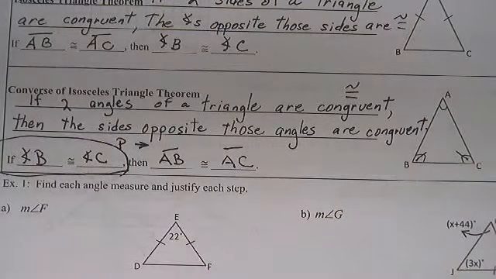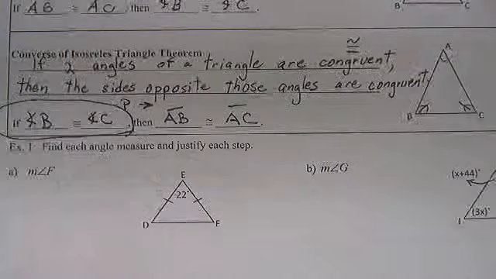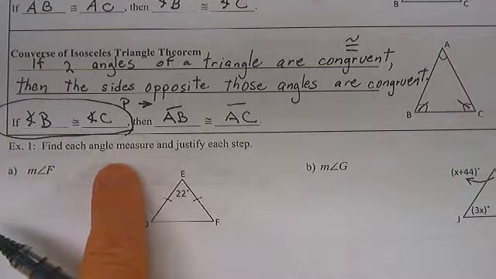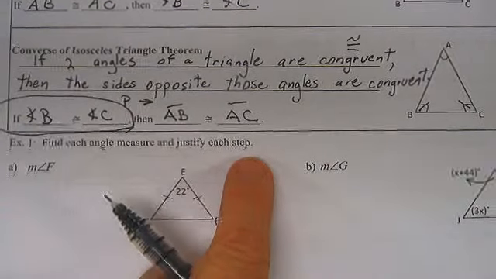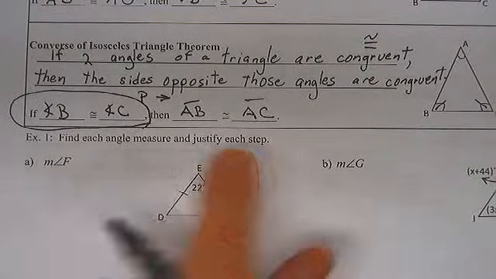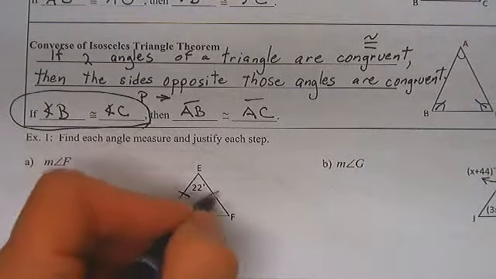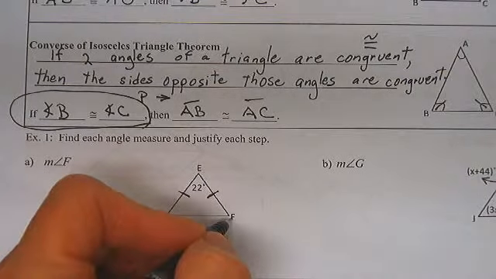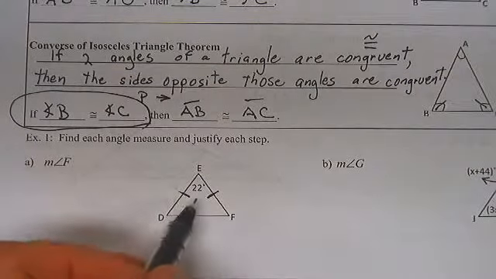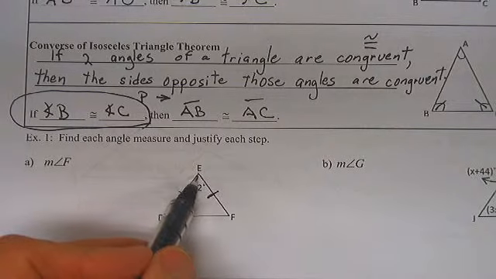Okay, carrying on, find each angle measure and justify each step. Well, what is given to us is ED is congruent to EF, and angle E is 22 degrees.